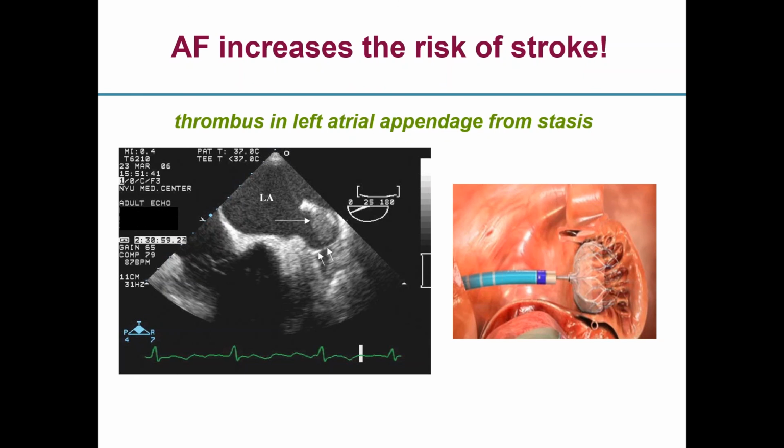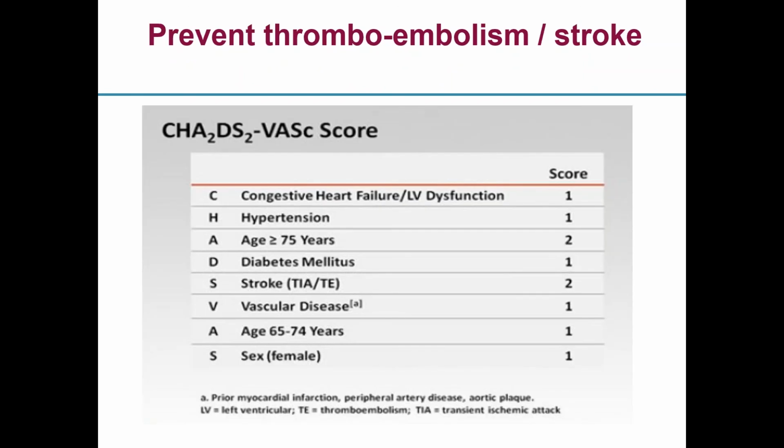Okay, so this is the standard score that's used to estimate approximately the risk of stroke. So this is the HAS-BLED score, and the idea here is that if you don't have any of these clinical risk factors, or you only have one, then the risk of a stroke is actually very low, and in that case it may not outweigh the downsides of anticoagulants.